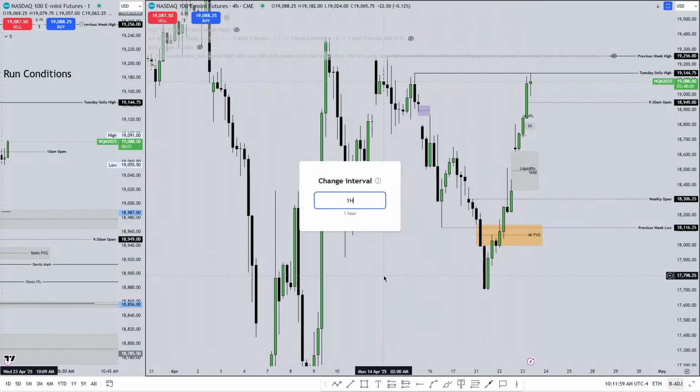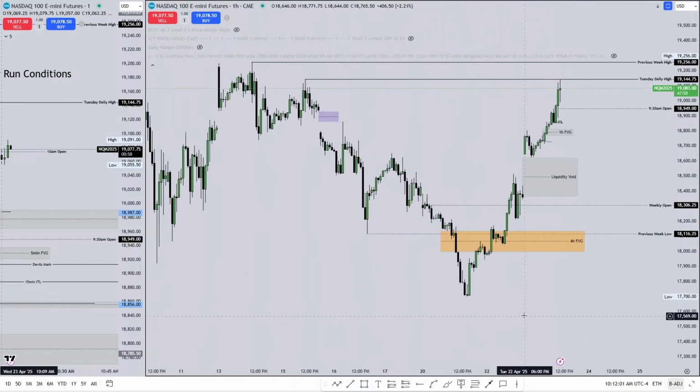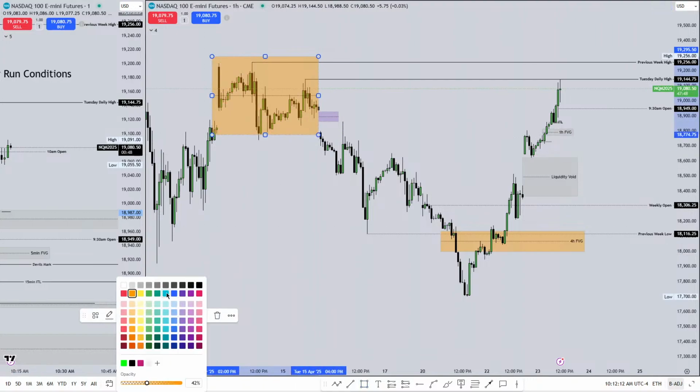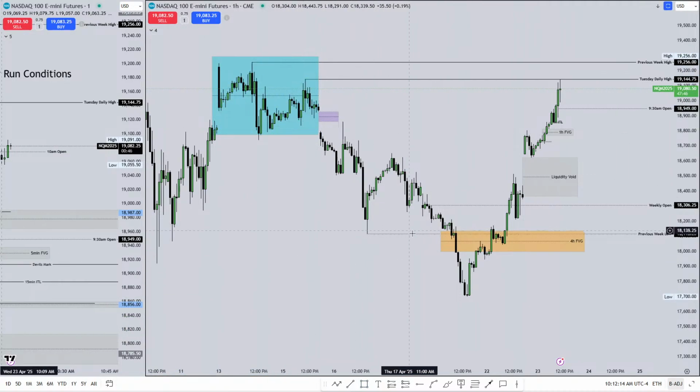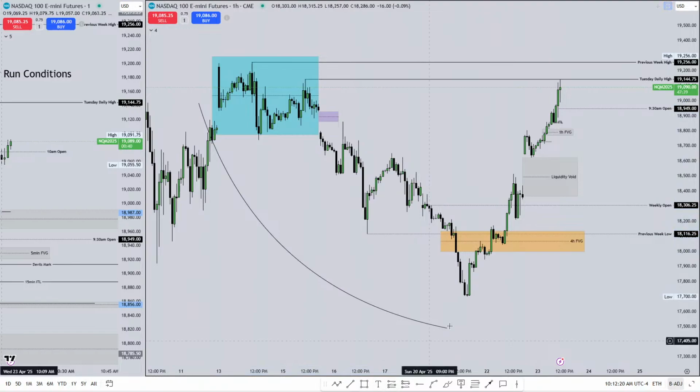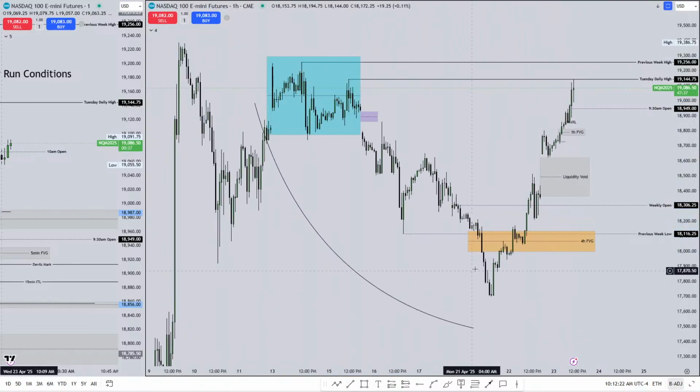And what does it also look like on a 1 hour time frame? Is a market maker buy model, right? Accumulation up here, original accumulation, trade lower. This is the sell part of the model. And then we get that smart money reversal on the 4 hour, but you can also see signs on the 1 hour as well.